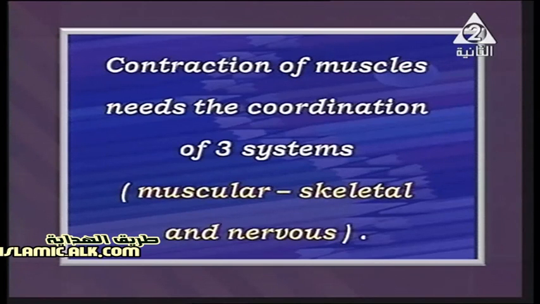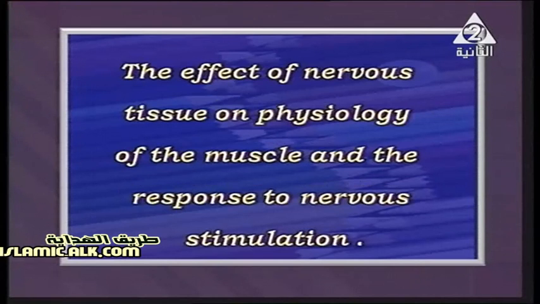The contraction of muscles is actually coordinated by three different systems: muscular, skeletal, and nervous, as we said. I hope you agree with me on this part. The effect of nervous tissue on the physiology of muscles in response to nervous stimulation has five or six steps. We're going to illustrate them in detail.